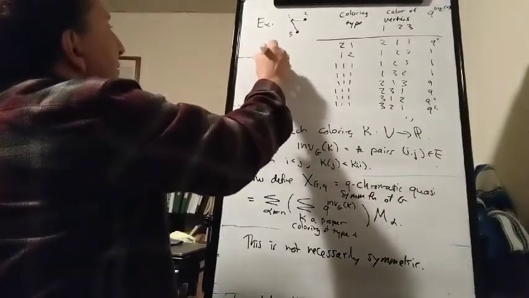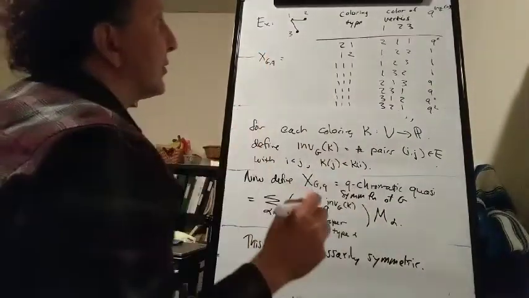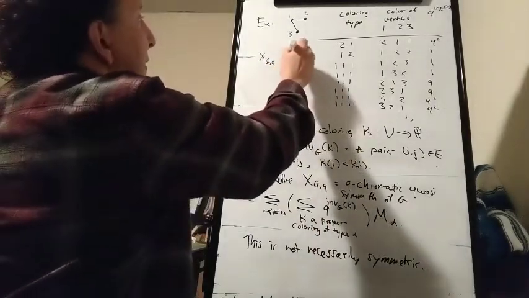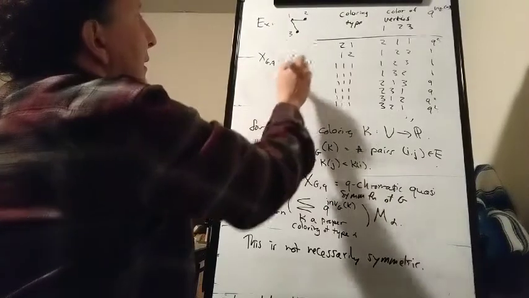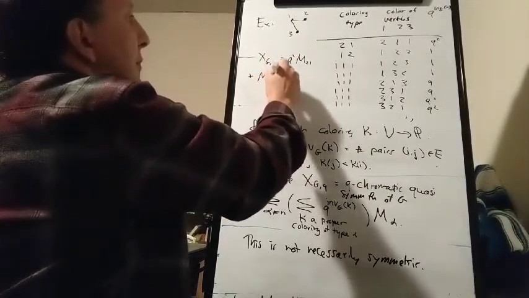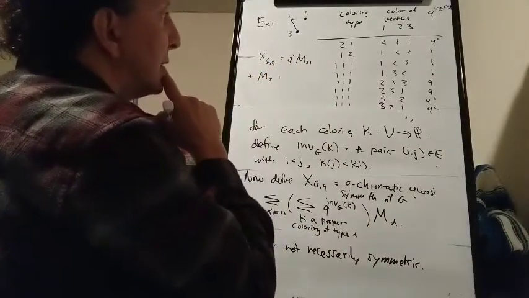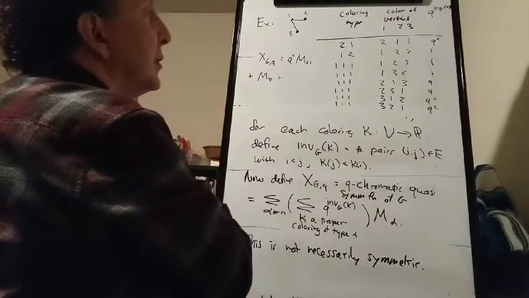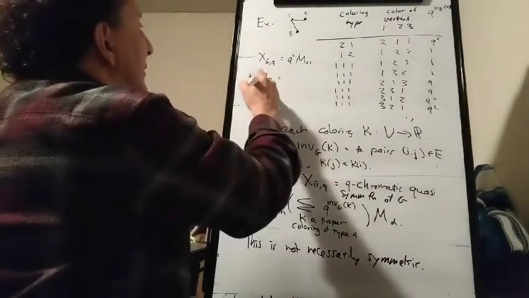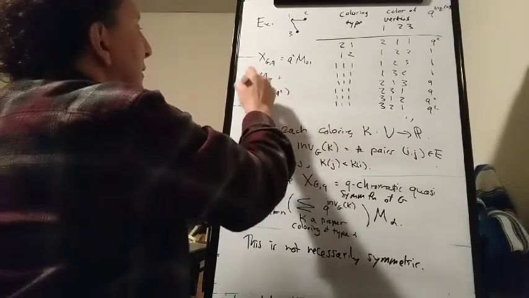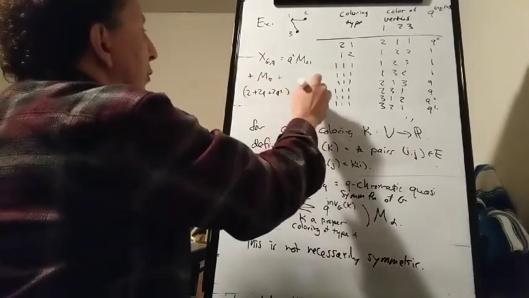So here X_G(q) equals q squared M21 plus 1 M12 plus, for colorings of type 111, we have 2 plus 2q plus 2q squared M111.